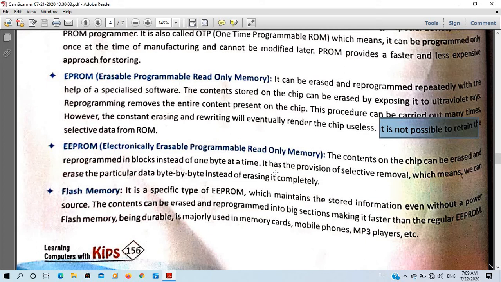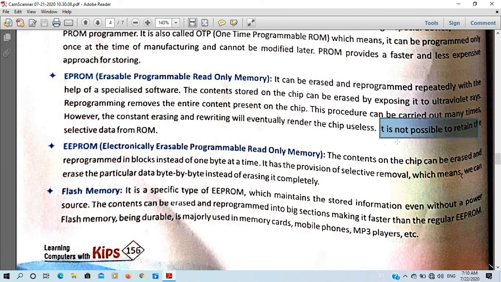Means with the help of an electronic eraser, the EEPROM, which is electrically erasable programmable read-only memory, we can erase only a few parts bit by bit. If we are trying to save our previous data, then we can save it in EEPROM.